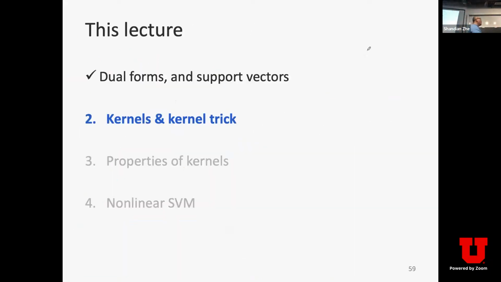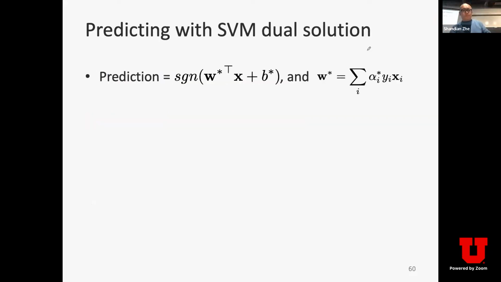Next, we're going to start talking about kernels and the kernel trick. So, continuing with the dual form of SVM, when you make a prediction, we know that given X, I want to calculate the dot product between W star and X, plus the bias parameter B, which we can also recover from the dual solution.